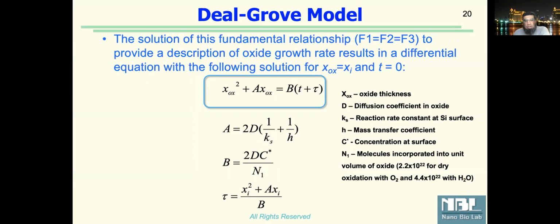Now, what is important? What are we trying to achieve? We want to find a framework, a relationship where we can calculate the oxidation thickness for any given parameter. And parameter would be the rate of how fast we are supplying oxygen and what is the temperature for that reaction.